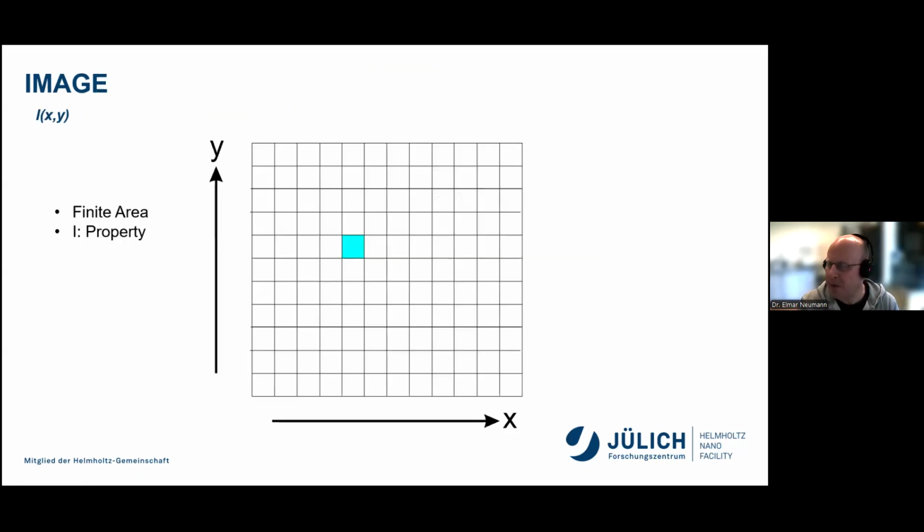First things first. We are talking here mainly about images, and an image is a finite area, X and Y, or maybe even a third dimension, and for each pixel there is a property.